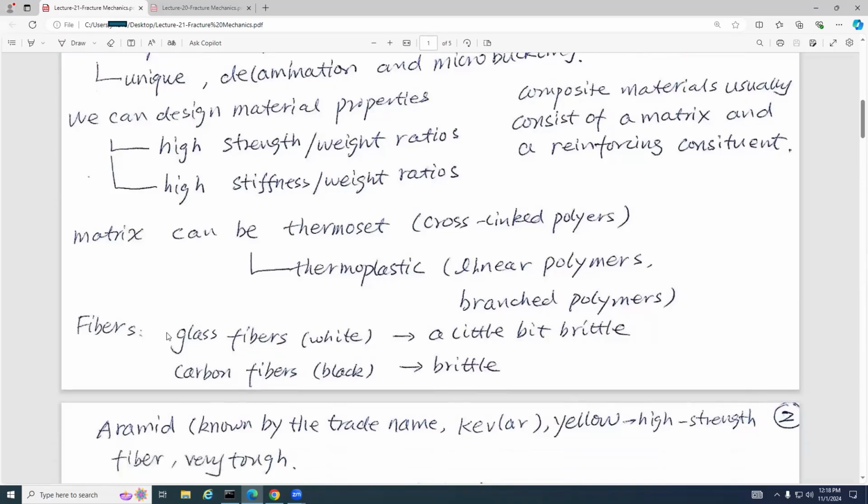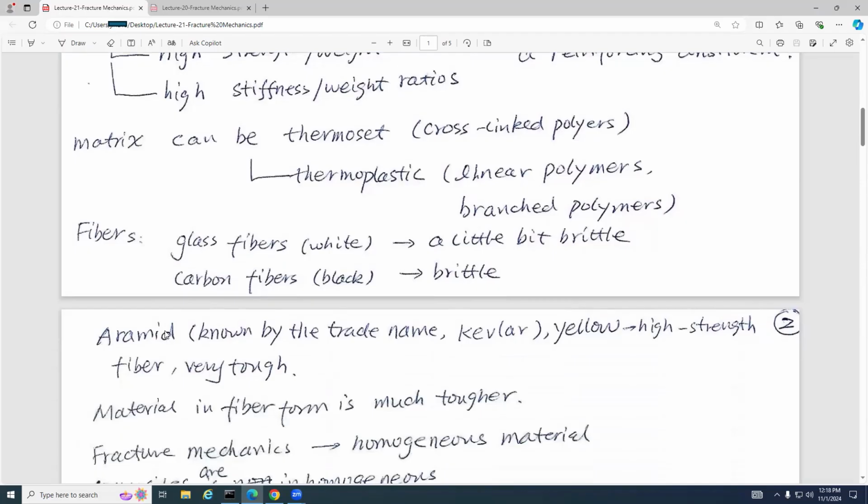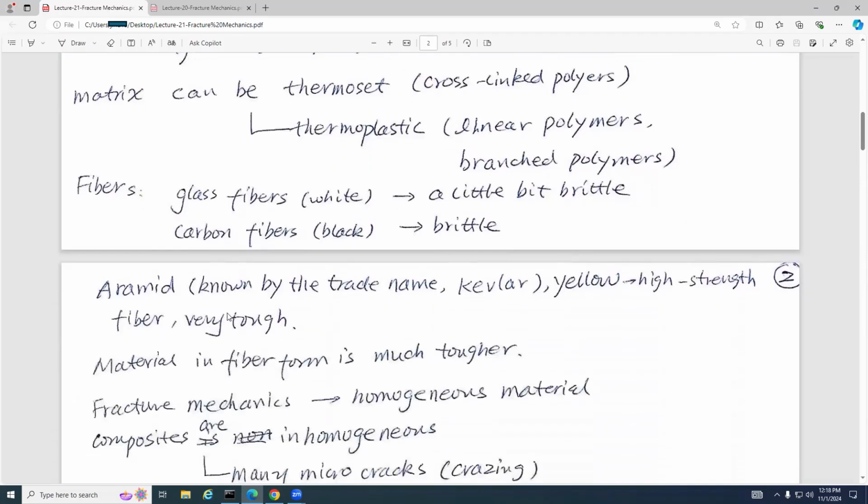So this is carbon fibers, and this is glass fibers. Then this is aramid, known by the trade name Kevlar. This is another fiber, a yellow, high strength fiber that is very, very tough.